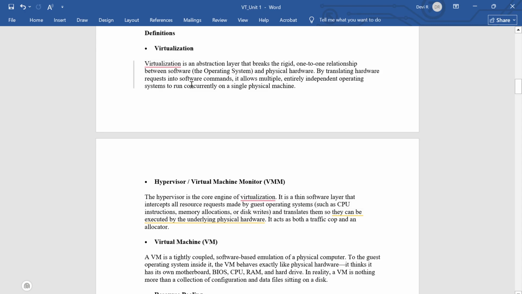By translating hardware requests into software commands, it allows multiple entirely independent operating systems to run concurrently on a single physical machine.